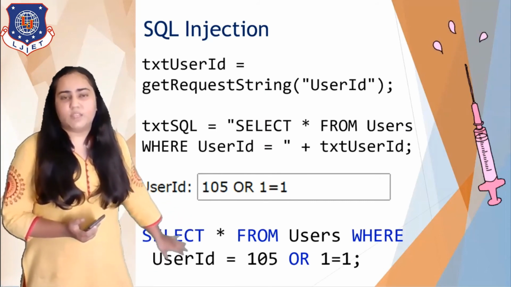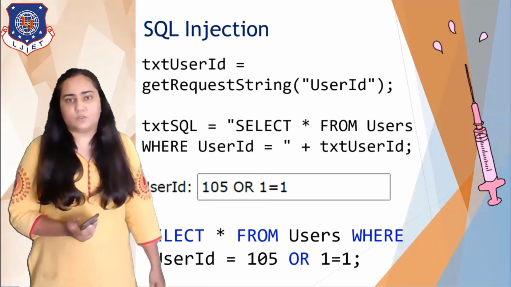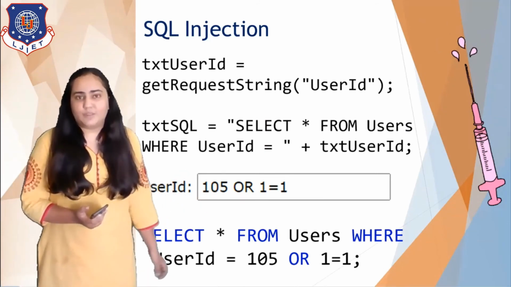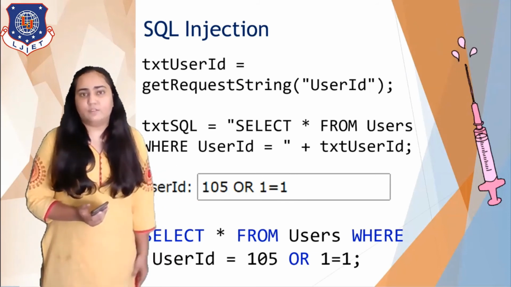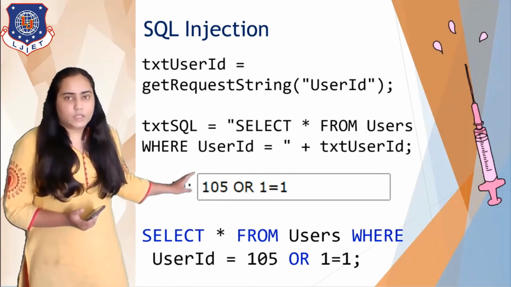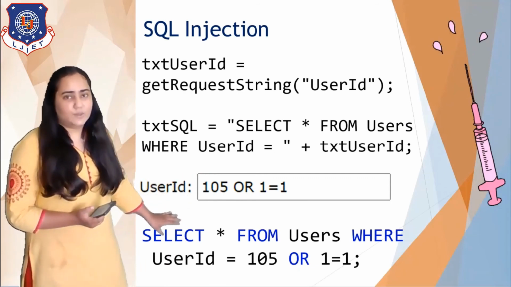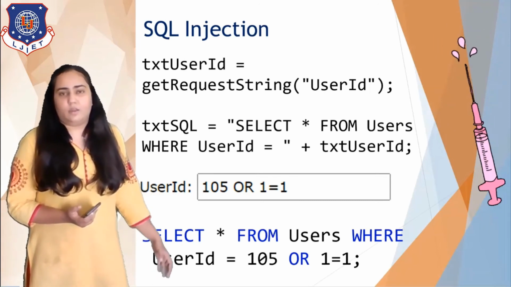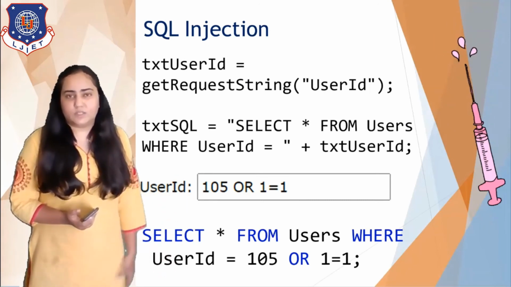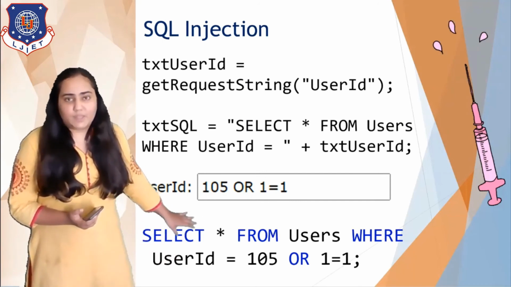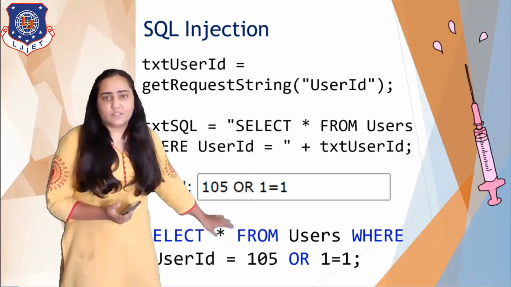Just for a moment, think about what this query can produce. First of all, we are trying to do select star. So that means we are going to get everything from our table, which is users. And then the condition applied is user ID equal to 105. Now this user ID equal to 105 may or may not match any of the rows. But the next condition given is OR.